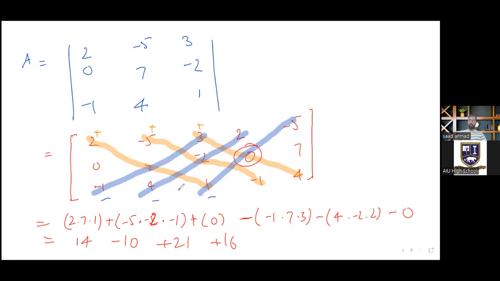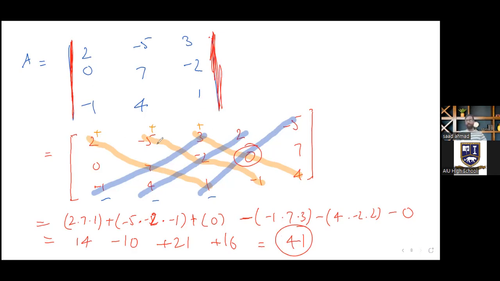Okay, so plus 21 and becomes plus 16. Okay, so let's add it. So 14 minus 10 plus 21 plus 16. Okay, I'm getting 41 for this one, but maybe there is some, I'm not sure, because we're having a different answer, so maybe we made some calculation mistake adding subtracting, but this is the rule.